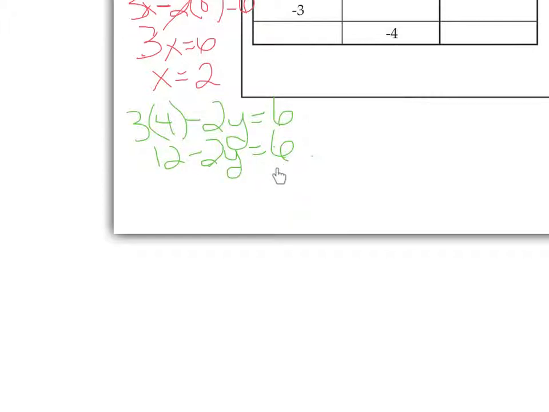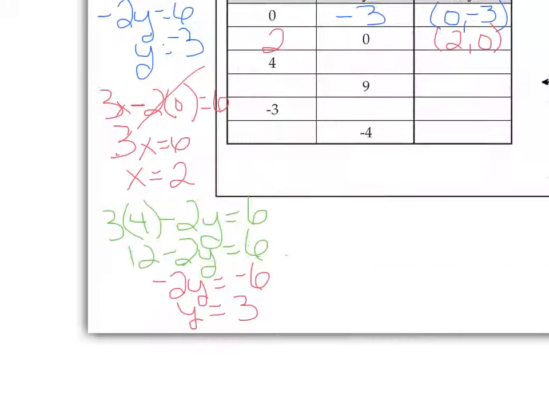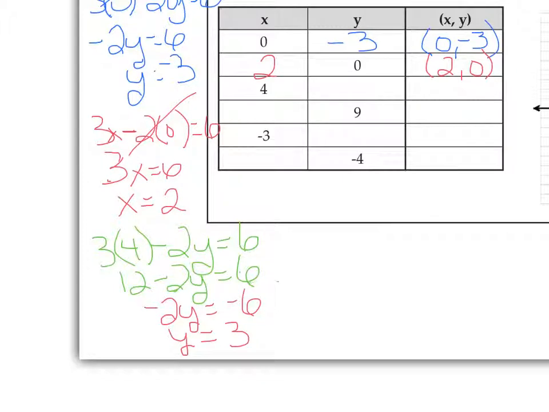So when you subtract 12 over here, you're going to end up with negative 2y equals negative 6 when you subtract the 12 on that side. Divide both sides by negative 2, you get y equals 3. So this time we have y equals 3. So the third ordered pair is 4, 3.